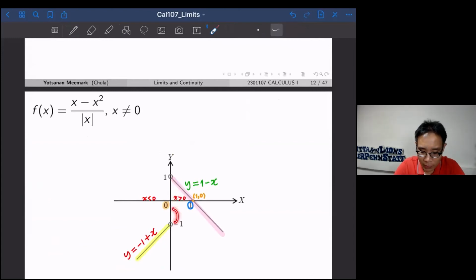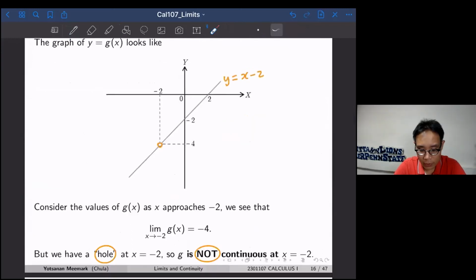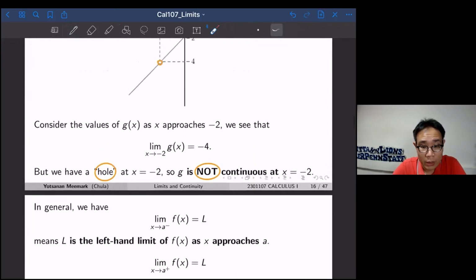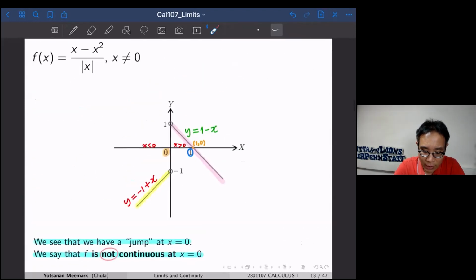These are the two examples I want you to see of functions that are not continuous in different ways. In this one, the limit exists because the left side equals the right side. In this case, the limit does not exist because the left side equals negative 1 and the right side equals 1.